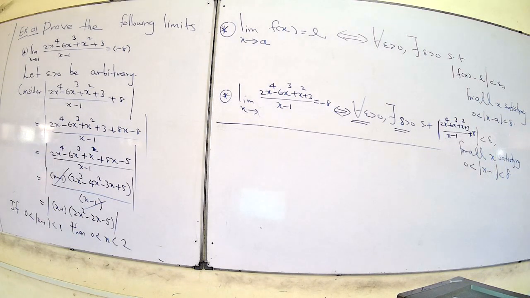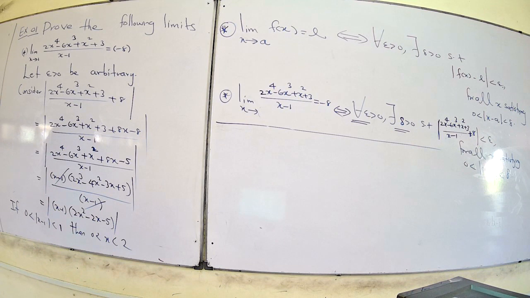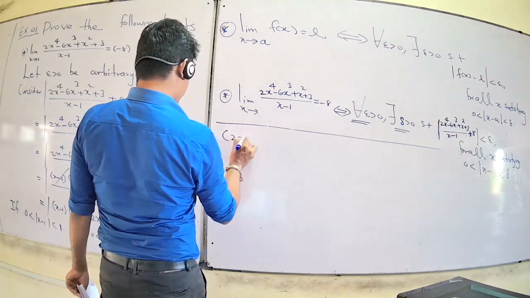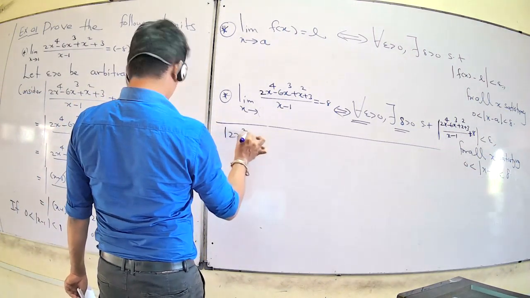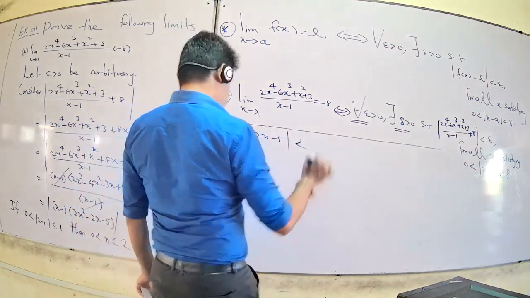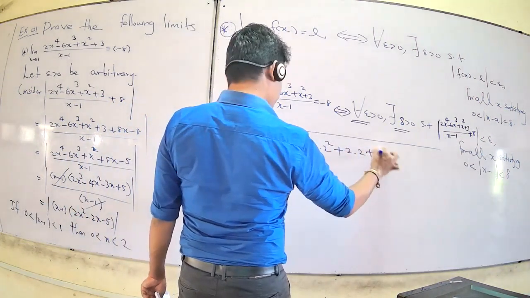Now for this part, can I write this part? Modulus of 2x squared minus 2x minus 5. This one is less than 2 times 2 squared plus 2 times 2 plus 5.